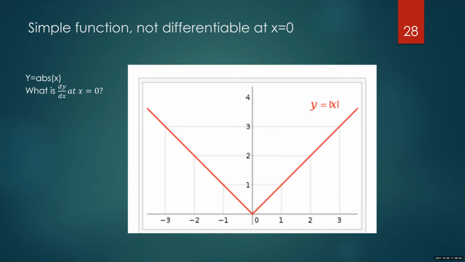We just need to be aware that they exist. Note also, we were talking about limits earlier. While we can get the limit as x goes to 0 of the absolute value of x, which is 0, even though we can get the limit, we still can't differentiate it at that point.